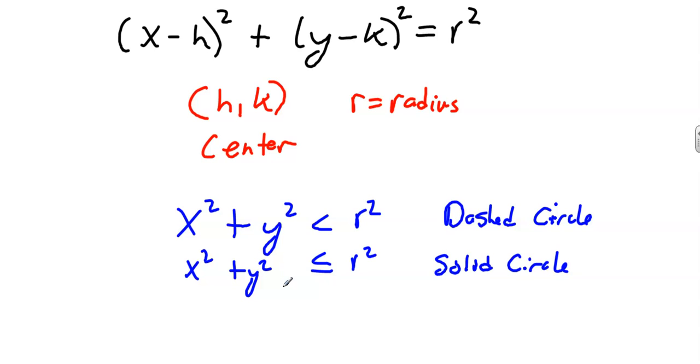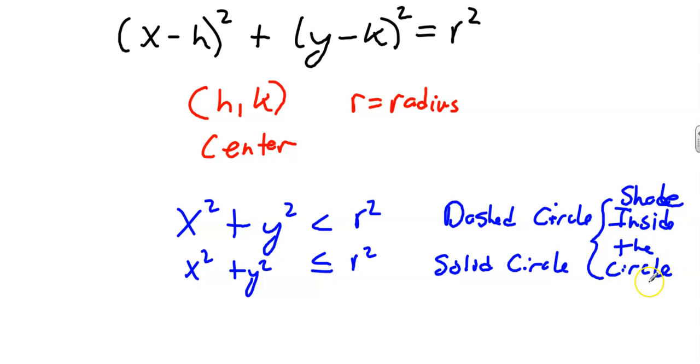If it's less than the radius, you're going to be on the inner part of the circle. So whether it's less than or less than or equal to, that's the dashed or the solid part. But if it's less than the radius, that means you're going to be inside the circle.